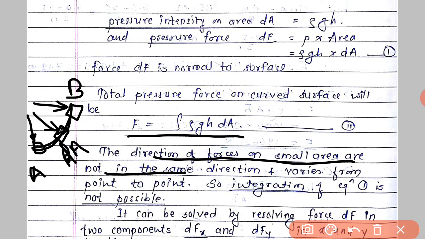So direction varies from point to point. So we cannot integrate the above equation, or equation number 1, because the directions of forces on small strips are not in the same direction. See, because AB is a curved surface, integration of the above equation is not possible.